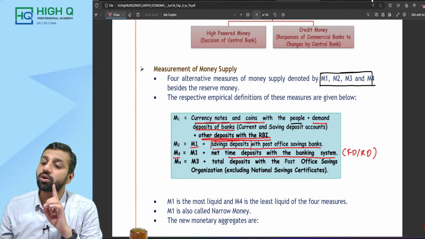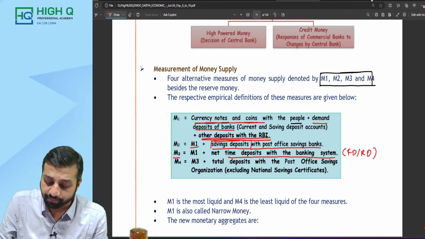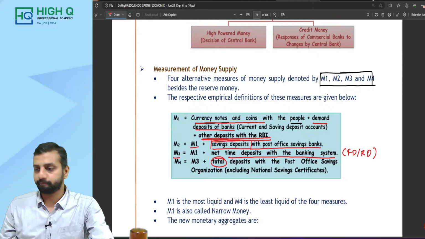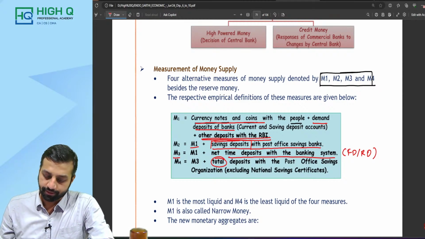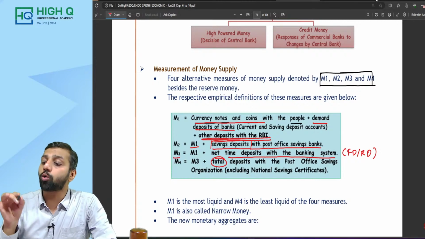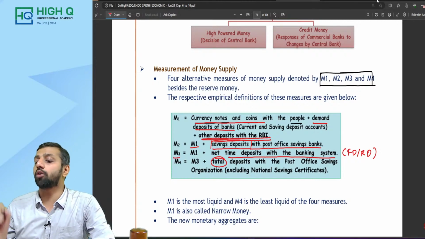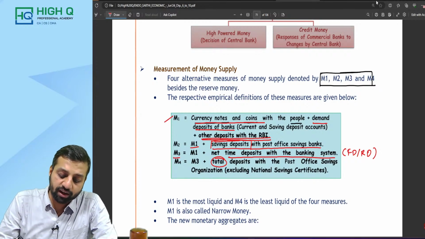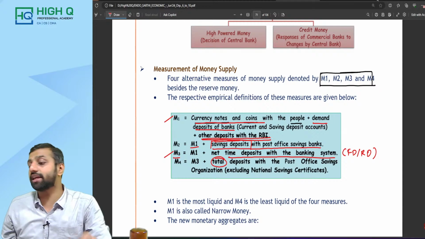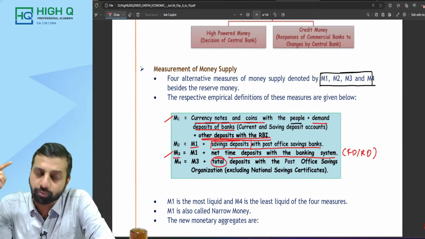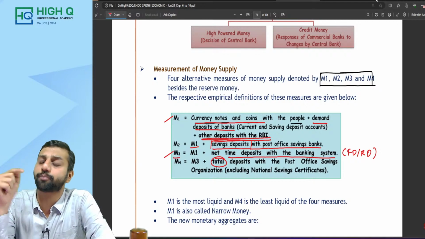But this time we don't take savings deposit, we take the total deposits. So M4 is equal to M3 plus total deposits with the post office savings organization. We say that M1 is narrow money whereas M3 is broad money. See, M1 and M3 are related to banking, M2 and M4 are related to banking and post offices both.